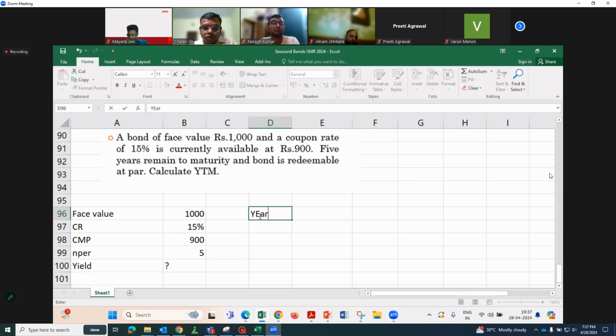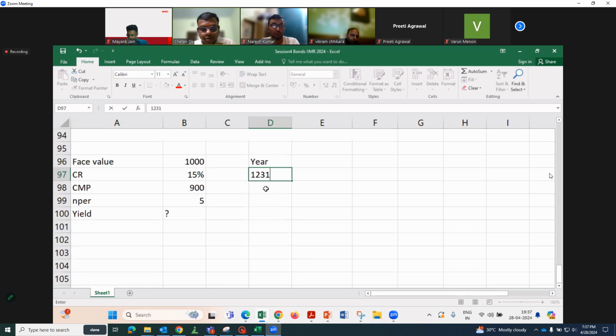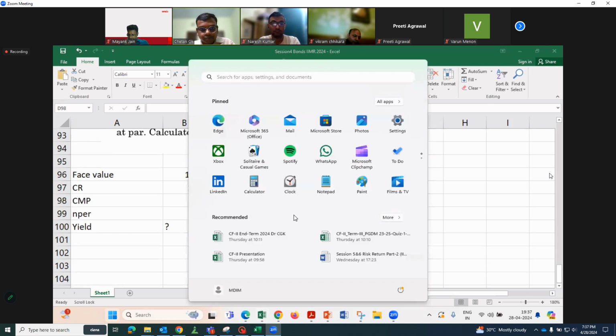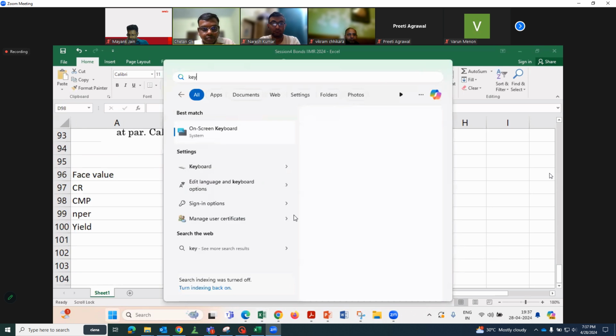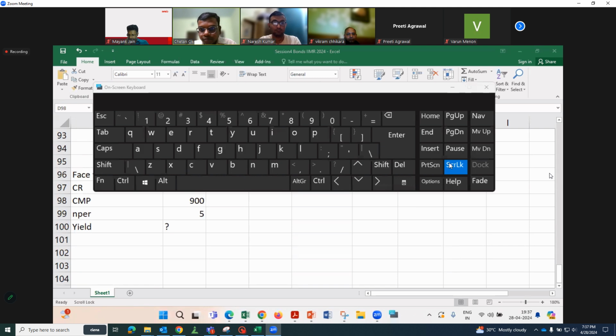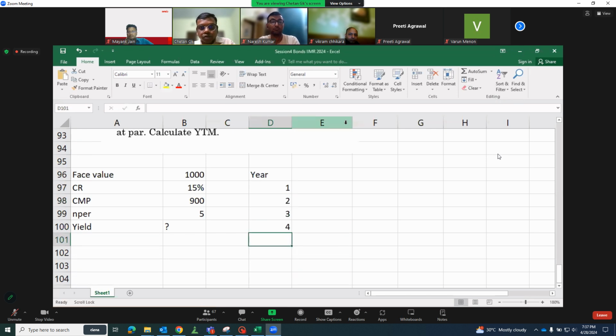Okay, so let us go for the method, the slightly lengthier one. It is a 5-year bond.